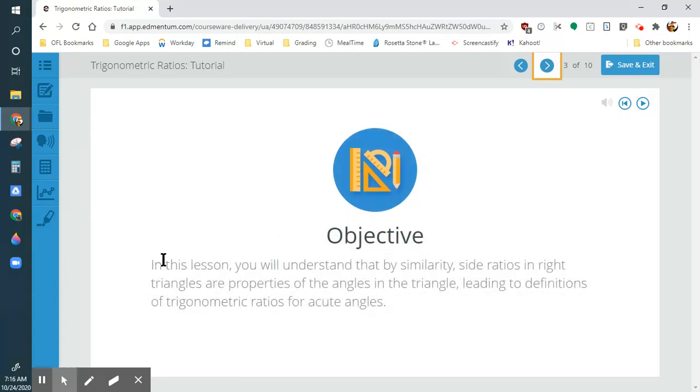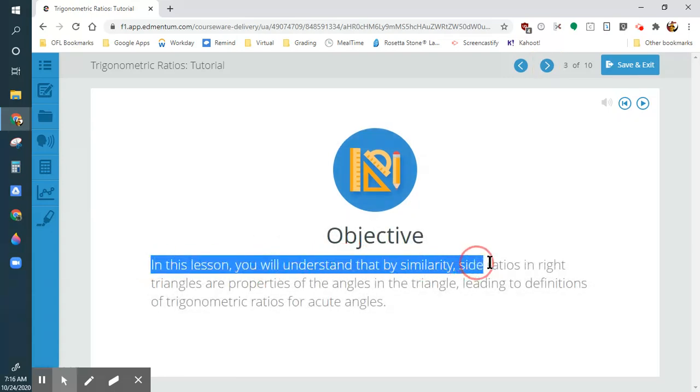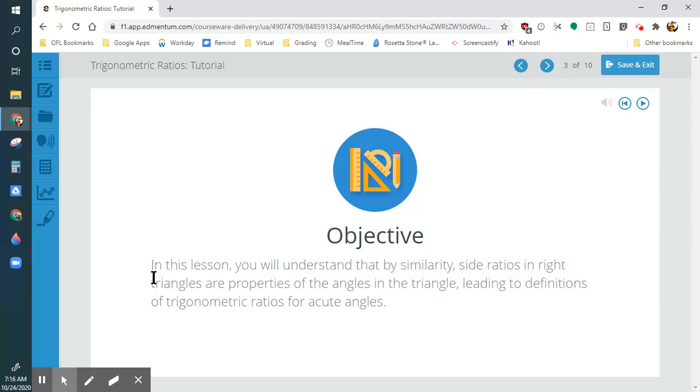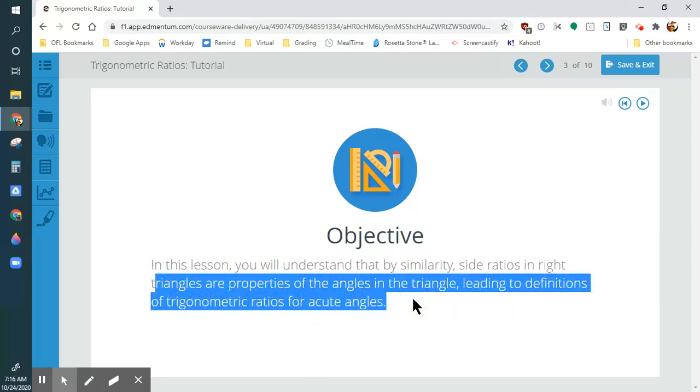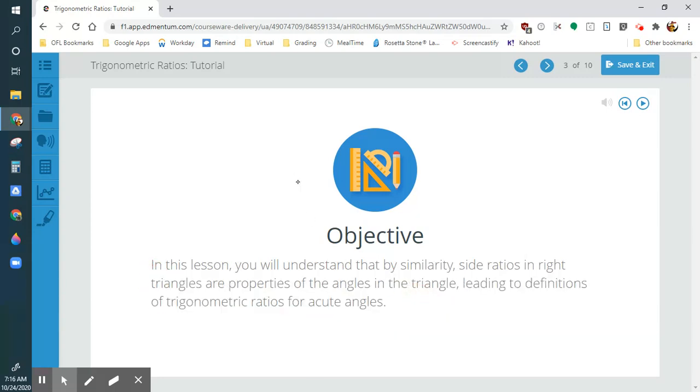So our goal for this unit is we're going to understand similarity ratios, proportions, and properties of acute triangles. Remember when we learned about how triangles are similar, and if they're similar, they can technically be different sizes. This is due to a thing called proportionality.